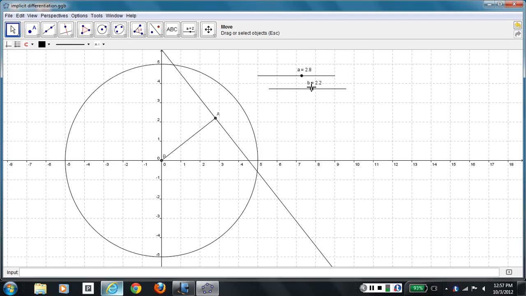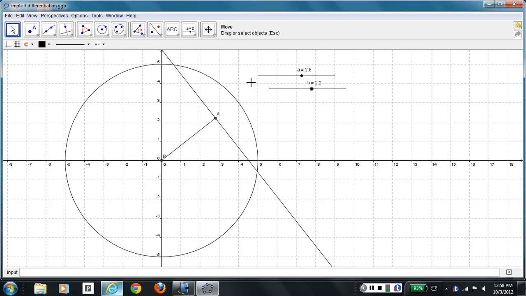A good question might be asked: we've got this expression, dy/dx equals negative x over y. If it's a point on the graph, that gives the slope of the tangent line. But what if we just plug in an x and y that do not necessarily represent the coordinates of a point on the graph?